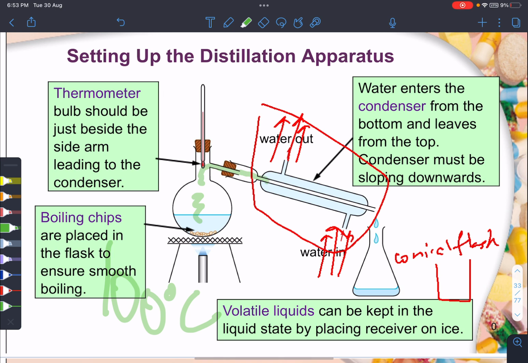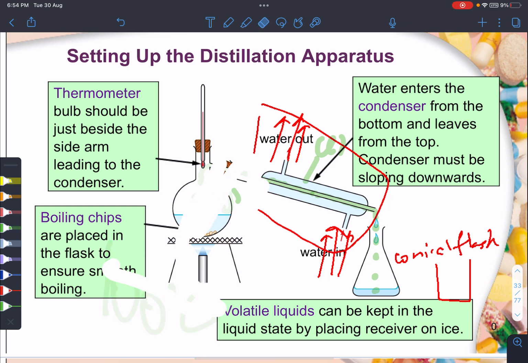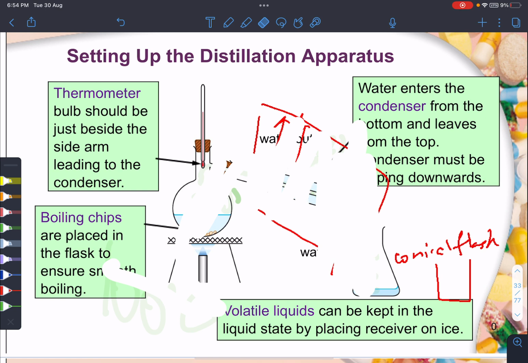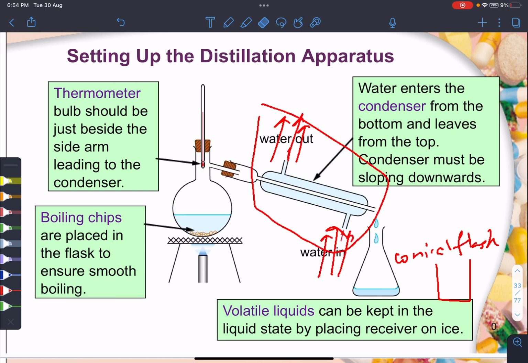Then there's this condenser, which has cold water. So it cools down. Here is gas, then inside here it becomes liquid. Once it cools down, it will just flow down, bloop, bloop, bloop. And that's how you collect it. So that's basically how condensation works, how distillation works.